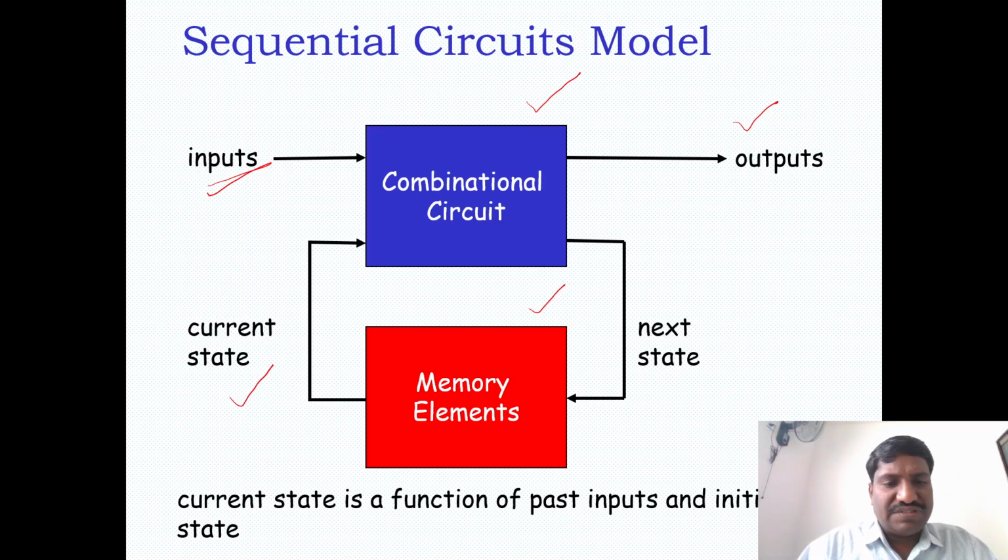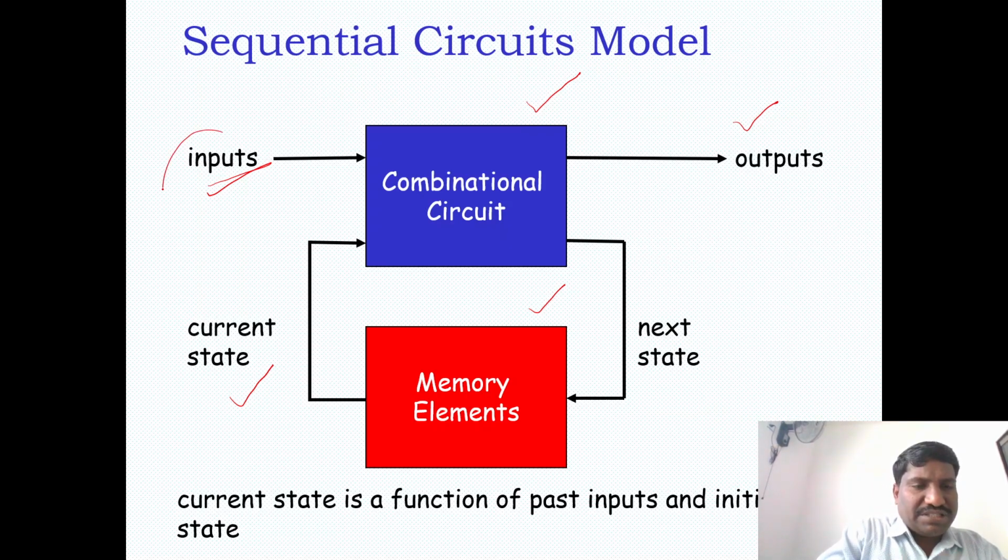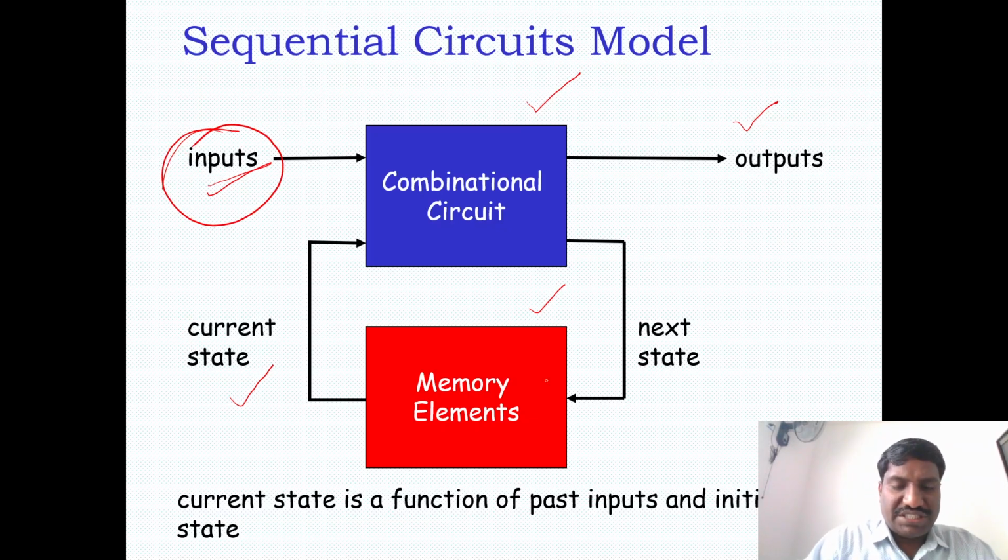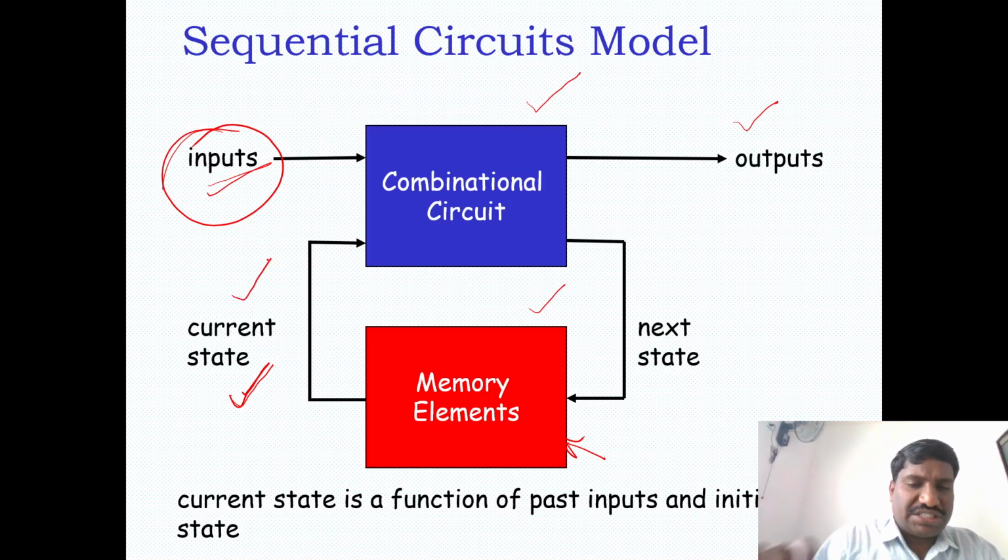The current state is a function of the previously applied inputs and the initial state. Initial state means what is initially in this memory; it decides the current state together with previous inputs.